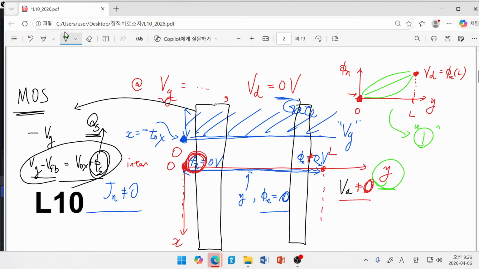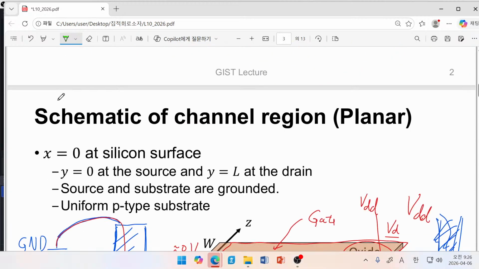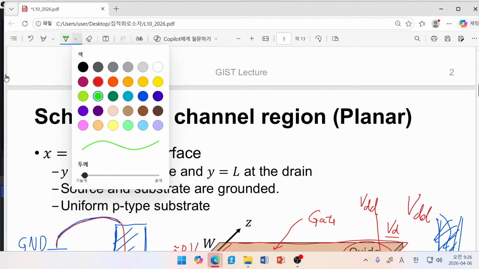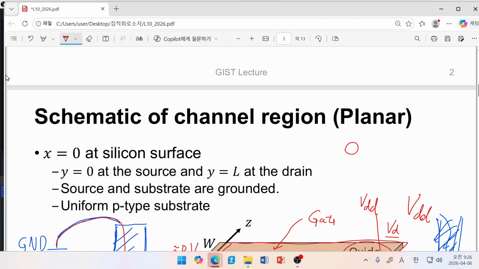So we must solve something which depends on y position, and that is the main point. It is clear that in this problem, the main quantity of our interest is the electron quasi-Fermi potential. We want to calculate it as a function of y, so at different positions.